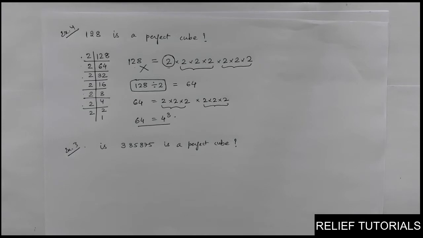If not, find the smallest number which should be multiplied to this number so that it forms a perfect cube.